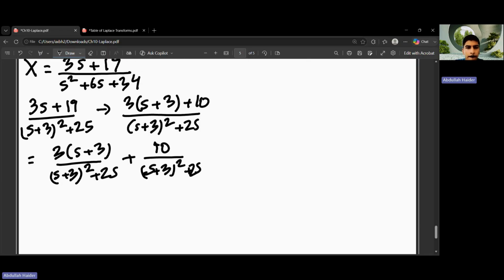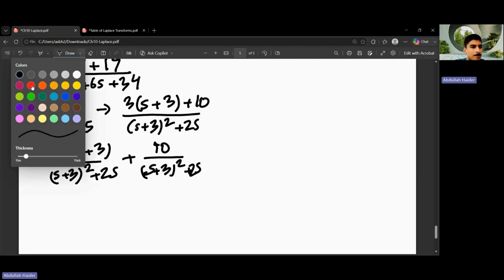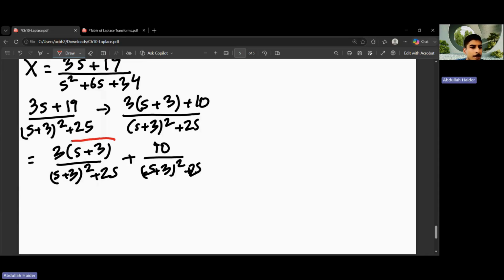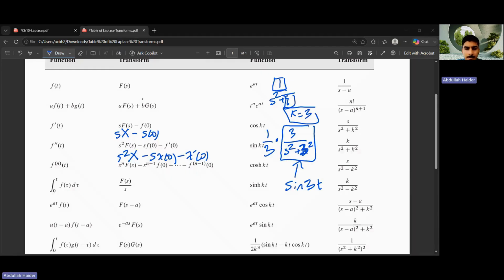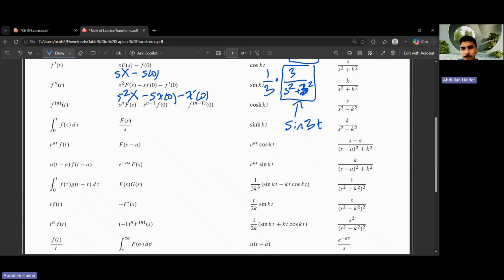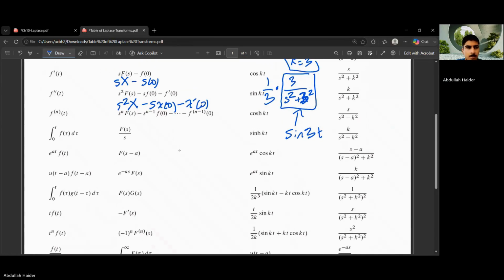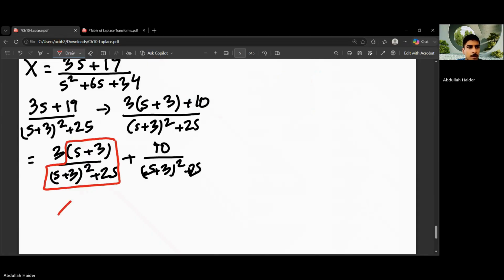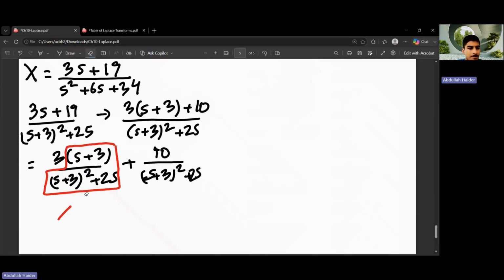So what you can do is, if you consider this portion only, you go to the table of Laplace transforms. Look here. I'm not able to write on that page, unfortunately. I don't know what's wrong.